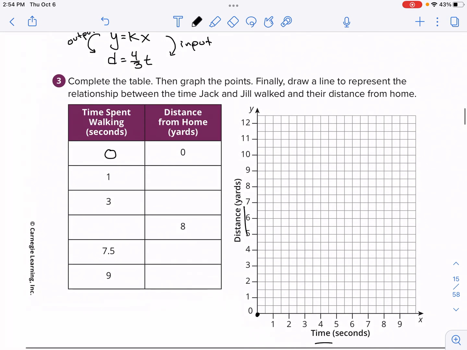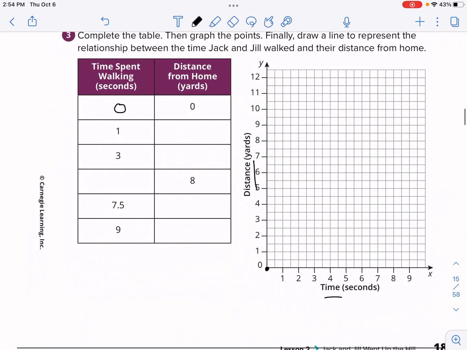All right, let's look at 1 second. If you were to plug in 1 here, for 1 second, distance is equal to 4/3, and instead of t, we're going to say 1 second. This is just saying what is 4/3 times 1? 4/3 times 1 is 4/3. So let's write that in. It's kind of hard to graph 4/3, so let's put this as a mixed number. 3 can go into 4 once with a remainder of 1, and we divide by 3.